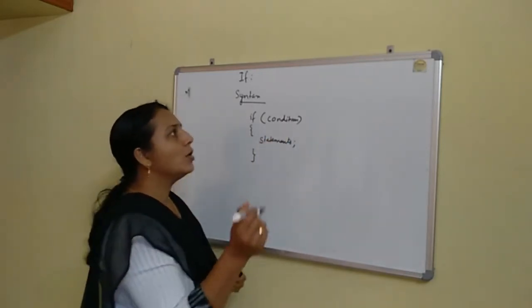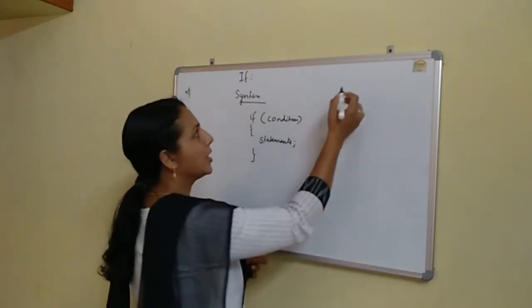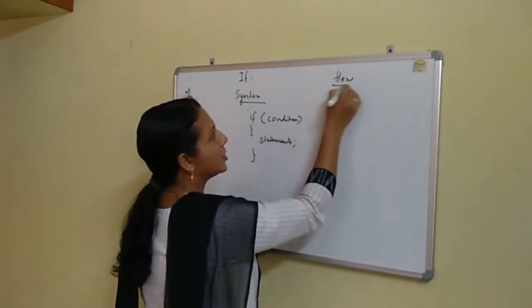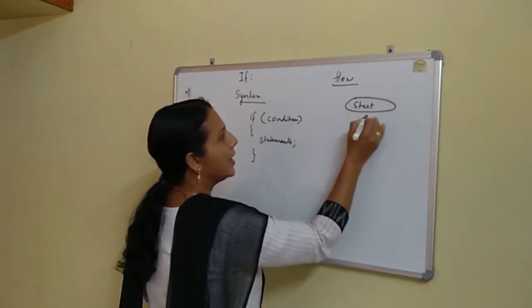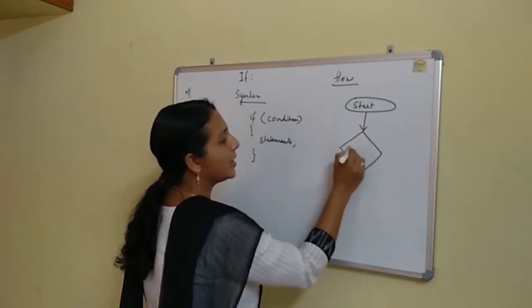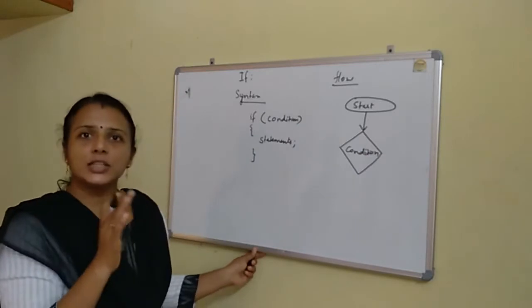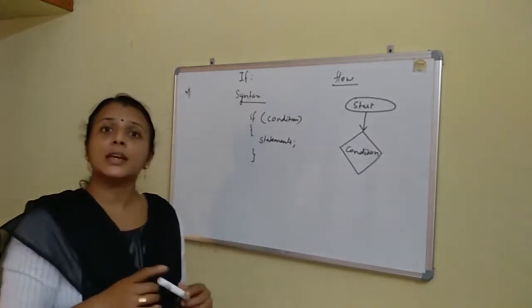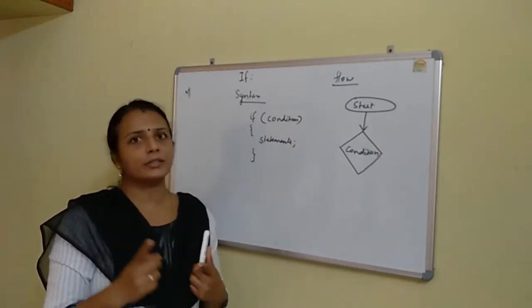Now let's see how the flow of execution happens with the help of a flow chart. Suppose the process of execution started, and first the condition is checked. This is the condition for the if statement. You know that for every condition there will be only two cases: either it will be true or it will be false.